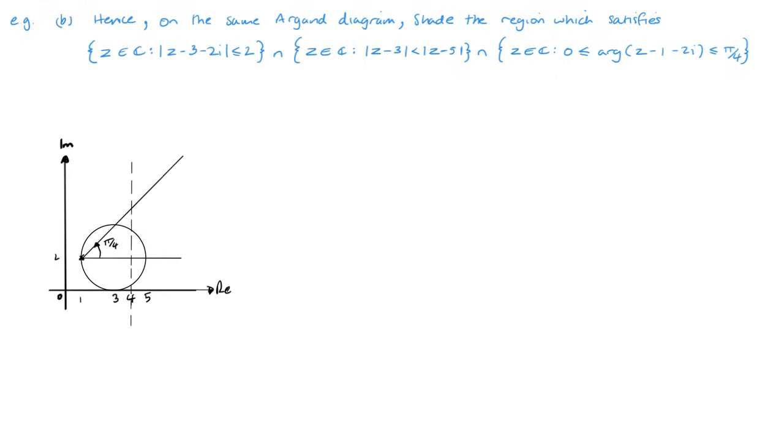So my shaded area was to the left of the dashed line and between the 0 and the pi by 4 angles and within the circle. So my shaded area is this shaded area here. And that then is the region that satisfies all three.